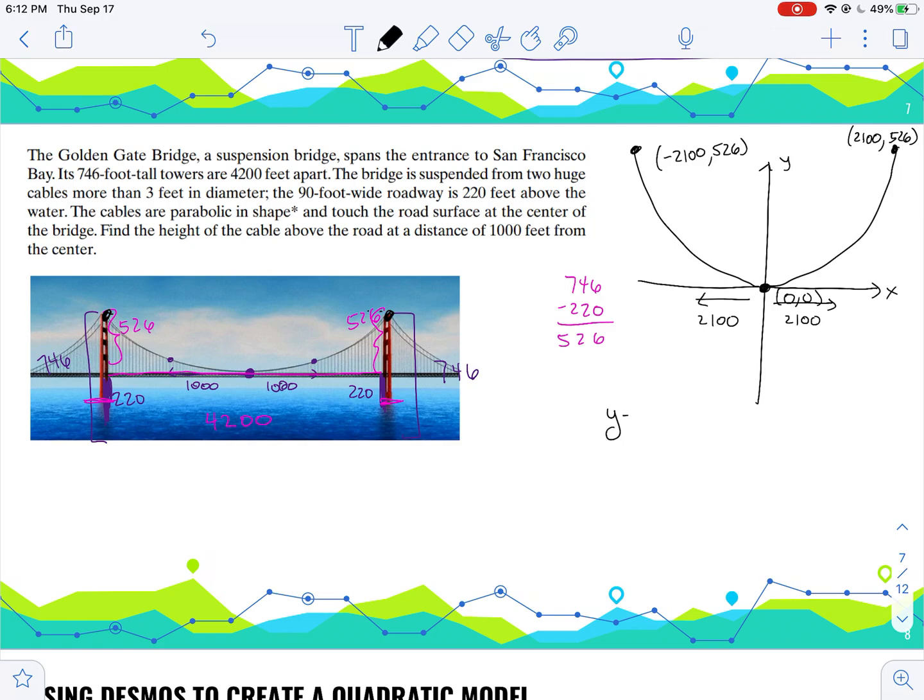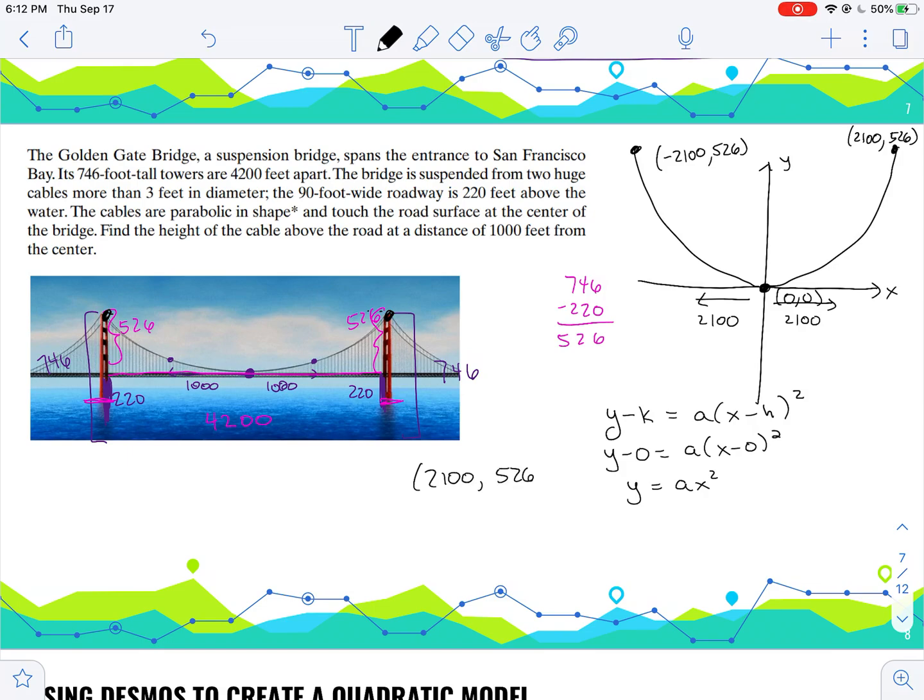Now that I have 3 points on that parabola, I can write an equation for the parabola. So remember, it'd be y minus k equals a times x minus h squared. Well, the way that I wrote it, I made the vertex at the point 0, 0. So this is going to be y minus 0 equals a times x minus 0 squared. So this is y equals a times x squared.